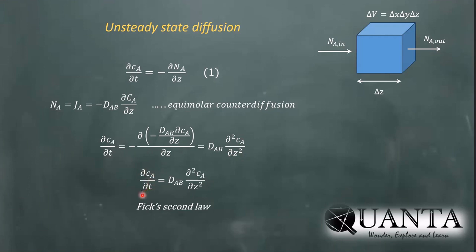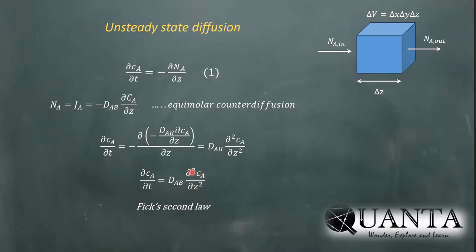So we have del CA over dt, the temporal variation in concentration of A on the left-hand side, connected to the spatial variation of concentration across the z direction in the present case.